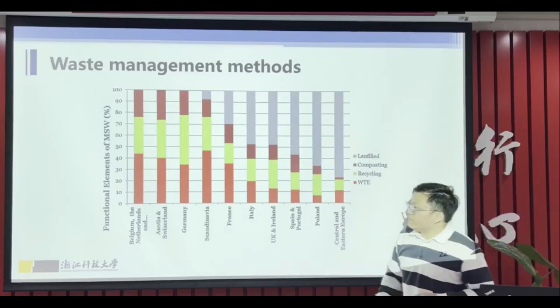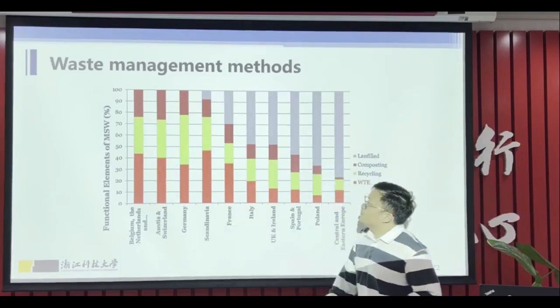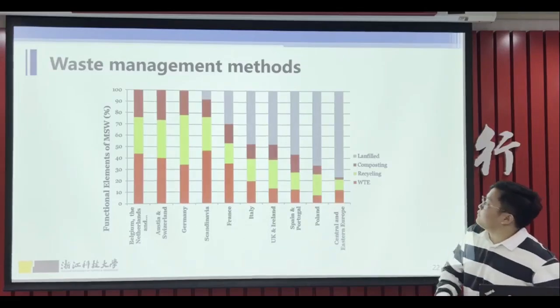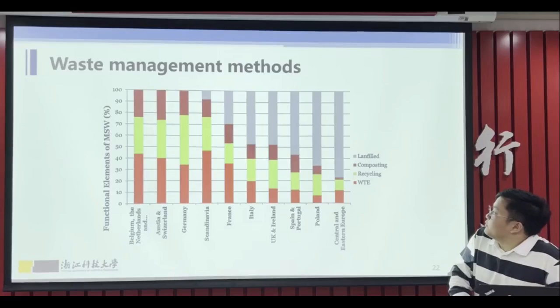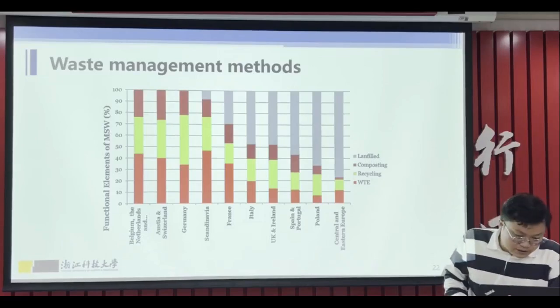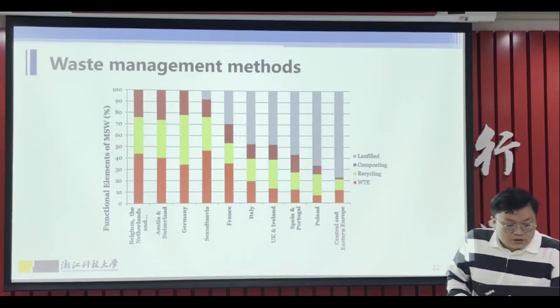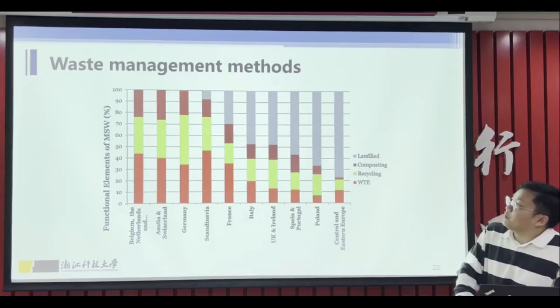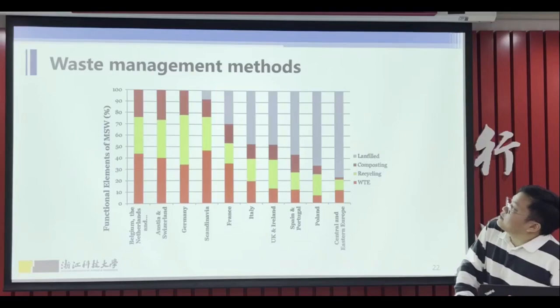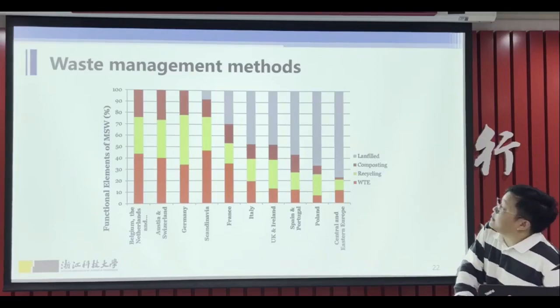For example, in France, more than 30% of municipal solid waste is incinerated, about 10% is recycled, composting is 10 to 50%, and around 30% of municipal solid waste is landfilled.